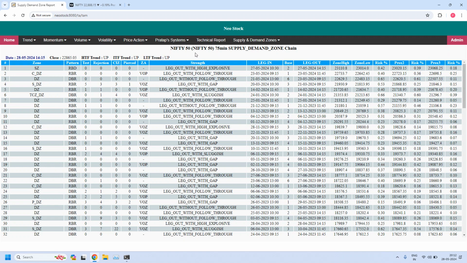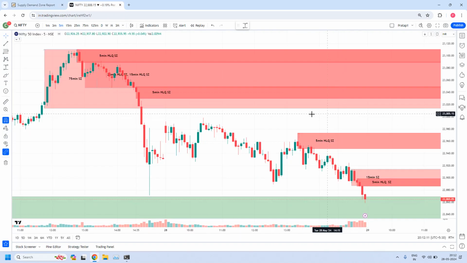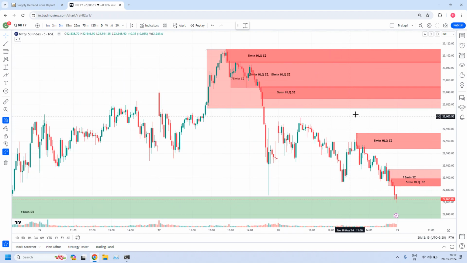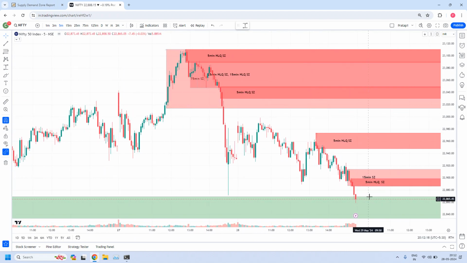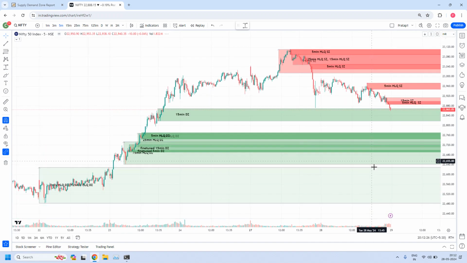Only 15 minutes is a downtrend. Okay, this is about NIFTY analysis. So please continue with bearish trades as long as the trend is a downtrend. This is what I can tell you at this point of time.